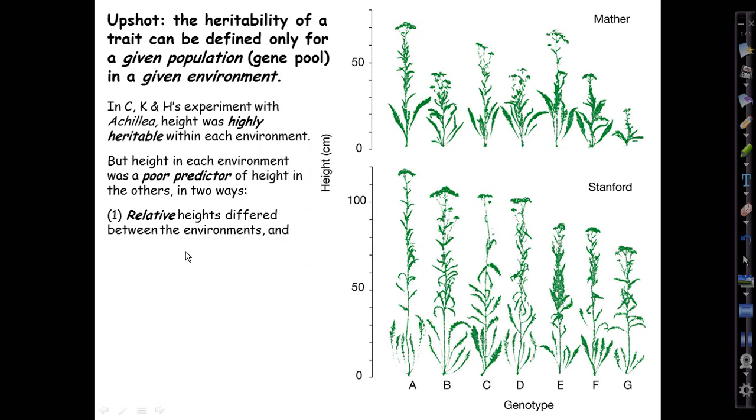First is that the relative heights differed between the environments, with ones that were relatively tall in one often being relatively short in the other, and so on, even though there's overall a weak correlation of height between the two environments.